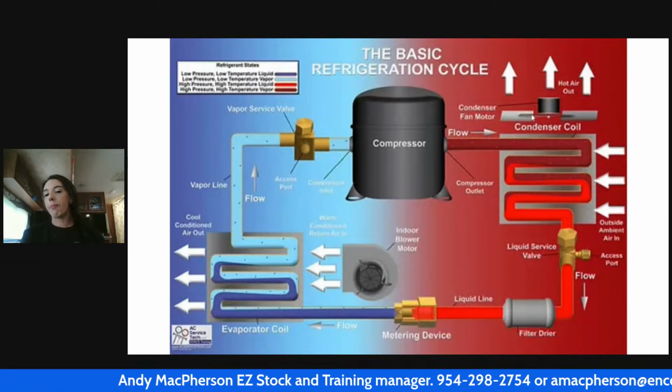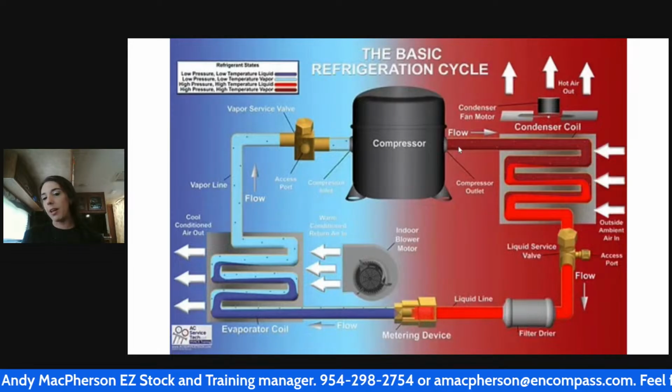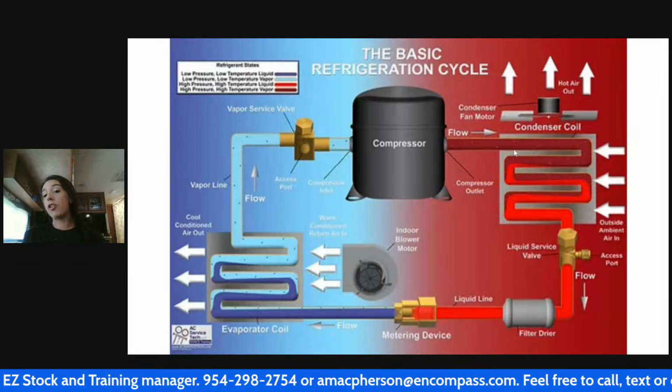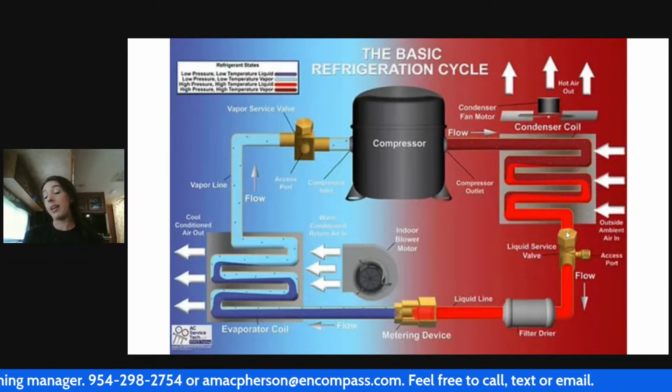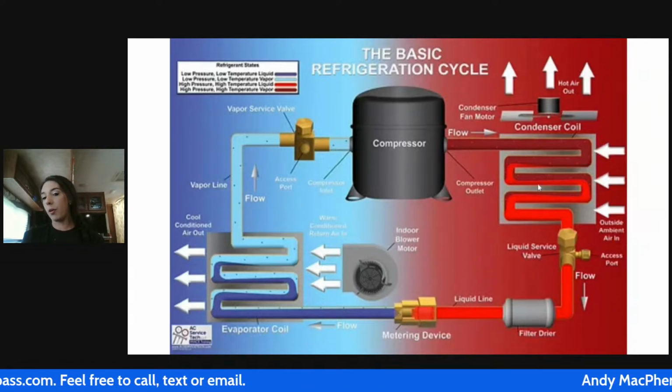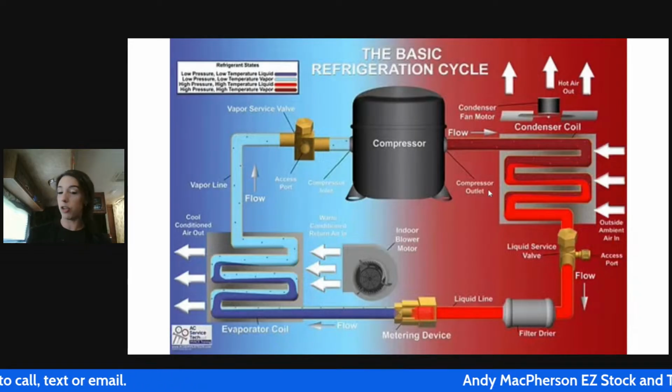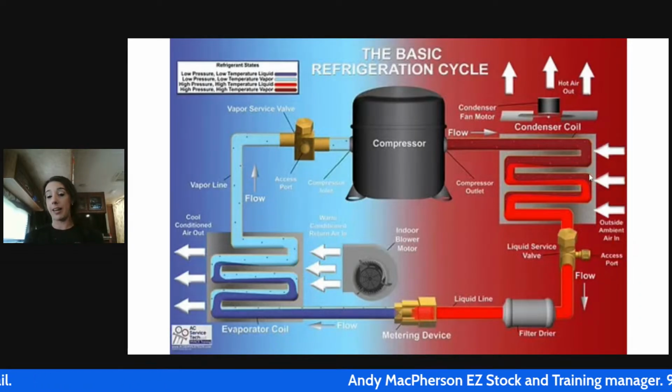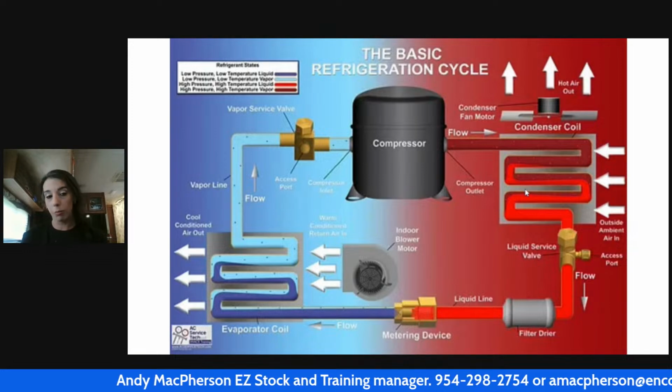If we have too much refrigerant in the system, this phase change will happen somewhere closer to up here. It won't happen the way it's supposed to. You will have way too much liquid in your condenser, and that's going to stop our ability to reject heat. And we'll talk more about that.